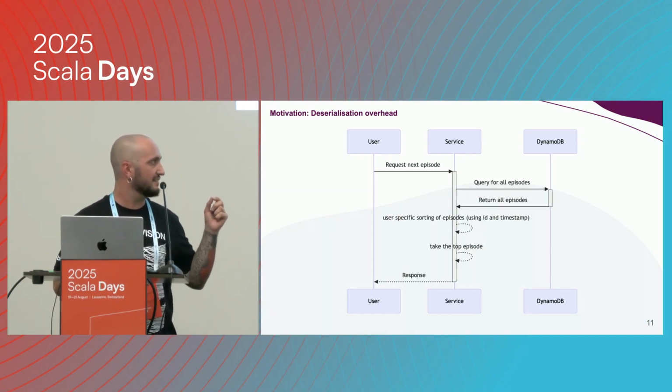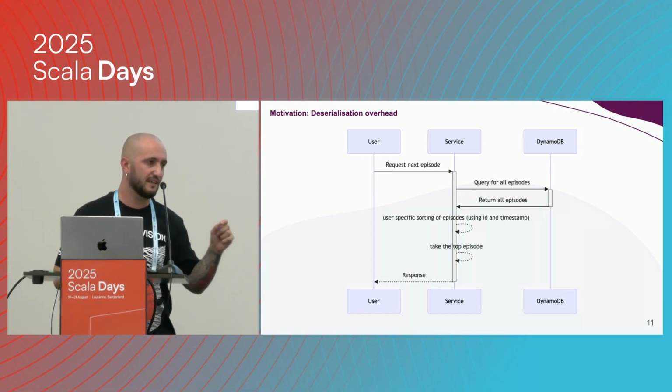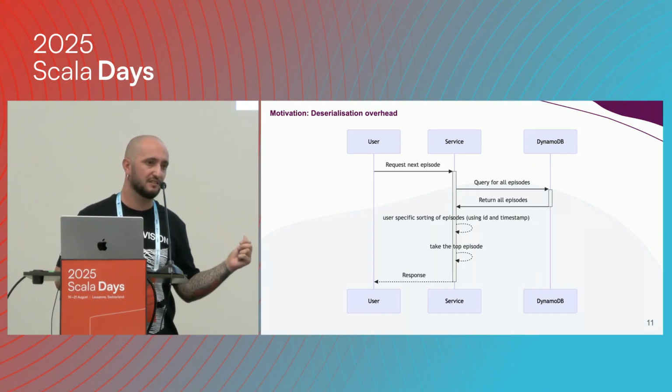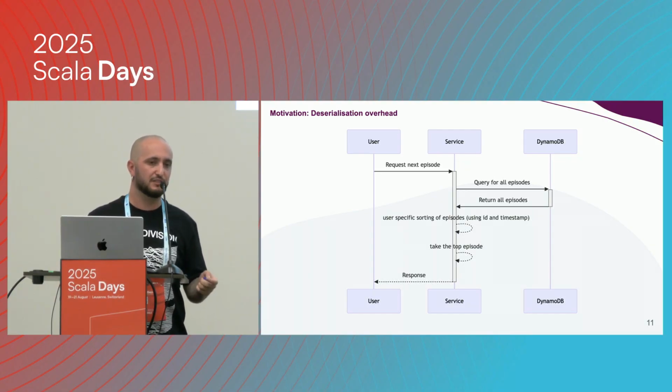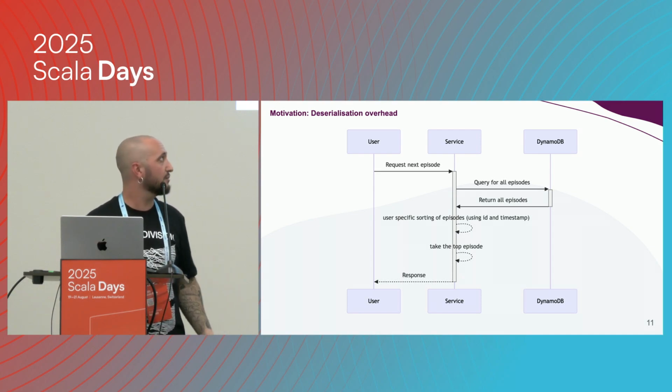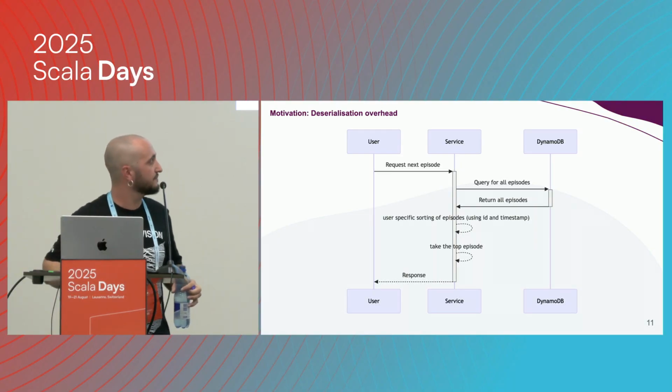Is it just the next one from the last one he was watching, or the next one from the last one he watched? So we need to take into account the user's watching history and some other things that might not be directly encoded in the episode table, right?